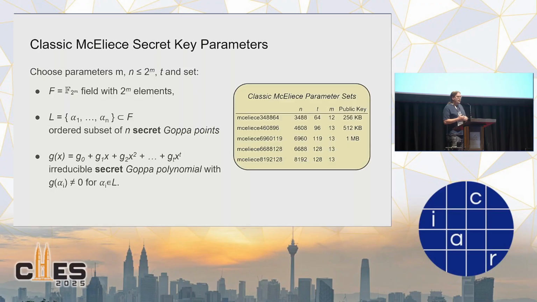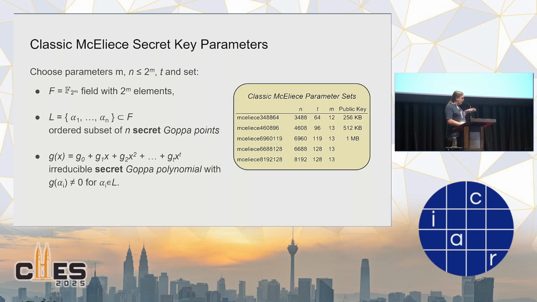And you also need a Goppa polynomial of degree t, which is something like 64 or 128. And the Goppa points, at least the order of them, must be kept secret, and the Goppa polynomial also must be secret. Also, the Goppa polynomial doesn't vanish on any of the chosen points, which is important, as you will quickly see.